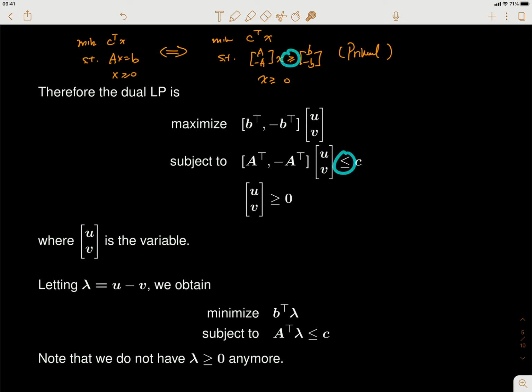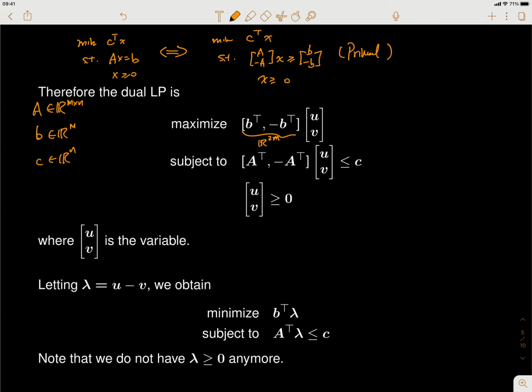All right, so now let's look at the dimensions, and be very careful about them. A is an m by n matrix, b is in R^m, c is in R^n. That means this vector here is in R^2m, and this is a row vector.